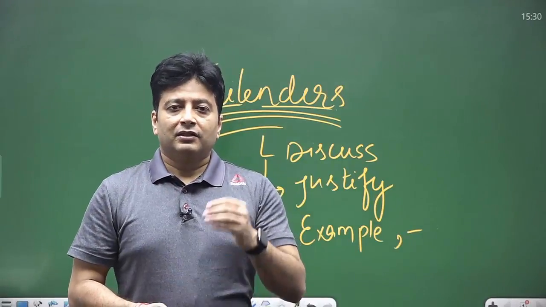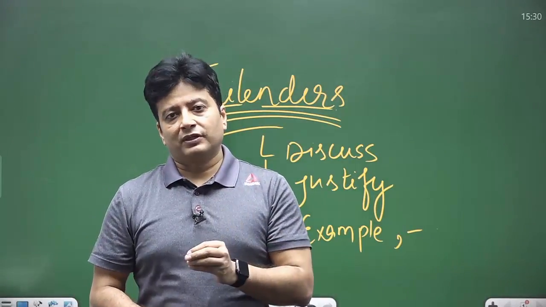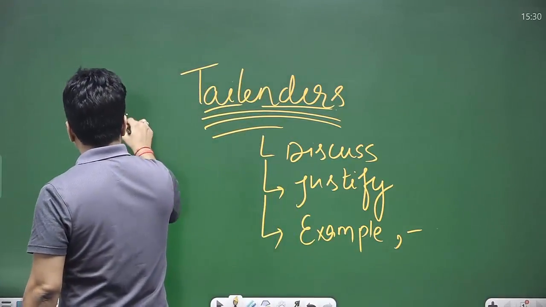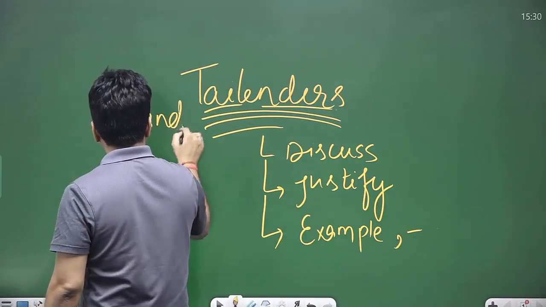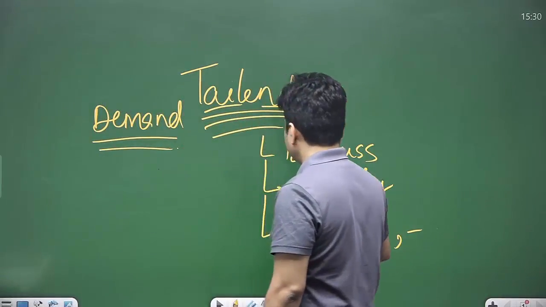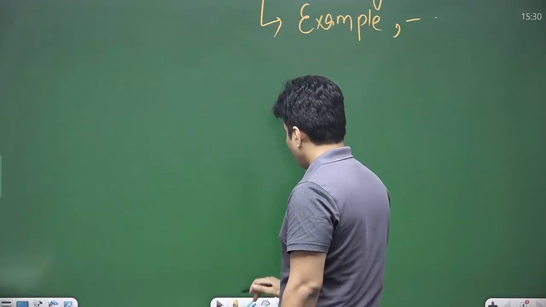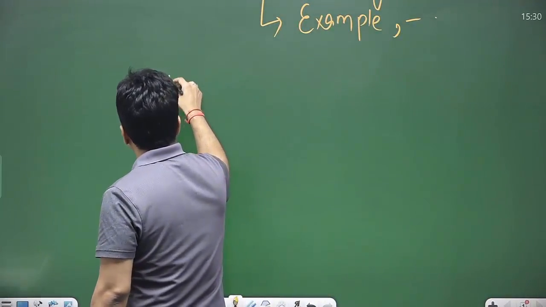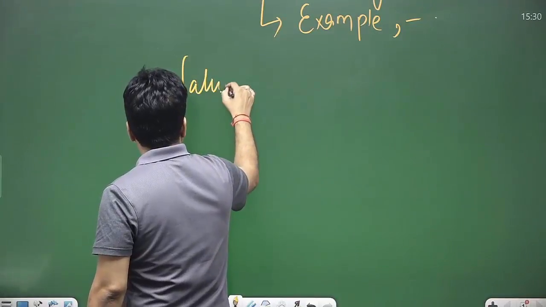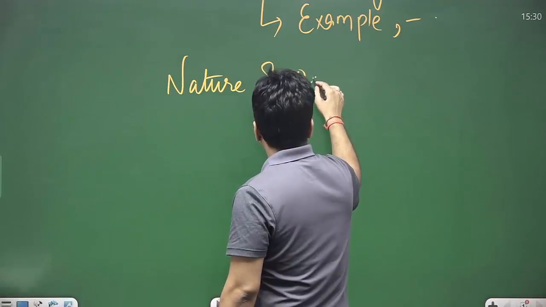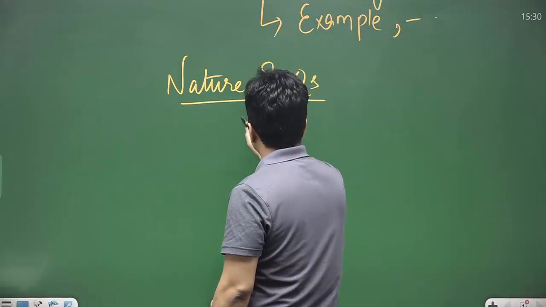But all in all, please do not forget the demand of the question. So if we need to discuss it, what we can do is categorize the nature of the questions asked in the main examination.